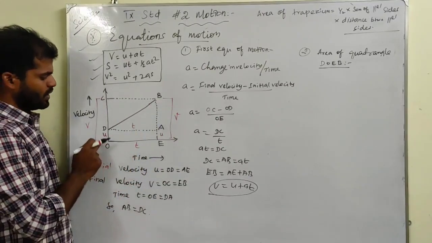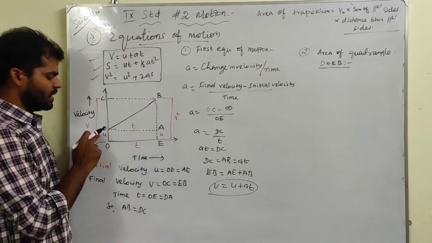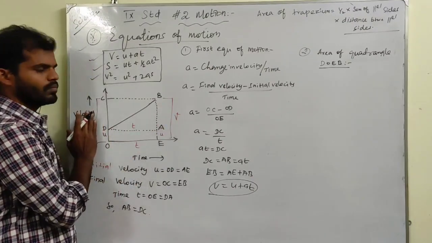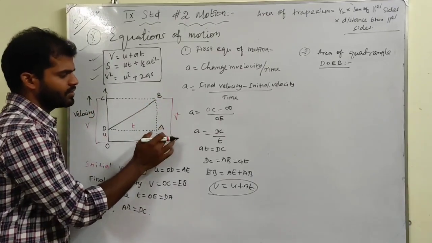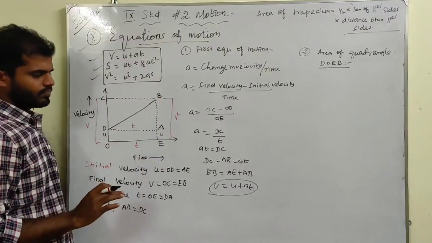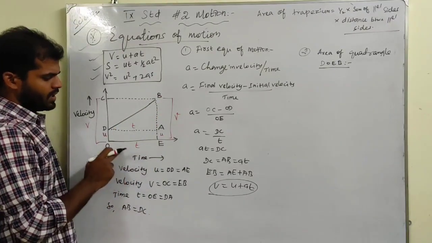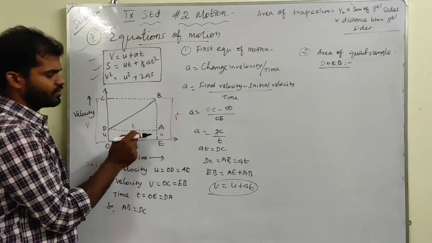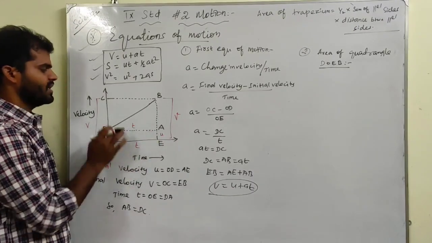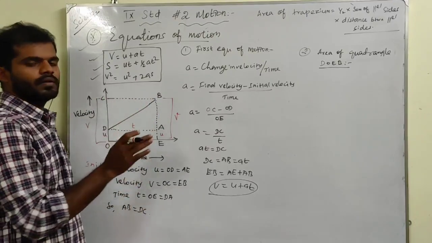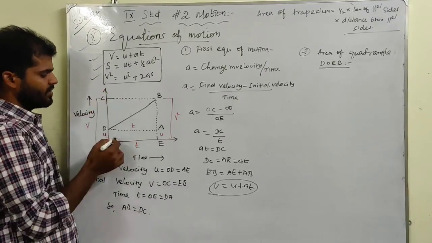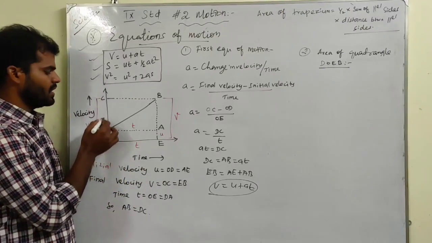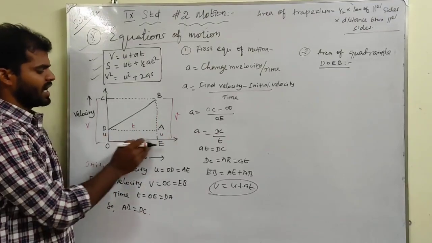So OD is the initial velocity U and OC is the final velocity V. In the same way on the other side, because the parallel sides are equal, EA is U and EB is V. Now the x-axis is taken as time, so OE is taken as T. In the same way DA is the same parallel line, so it is T, and CB is also T. This is what we have to mark in the diagram: the points A, B, C, D, E, the starting point OD as initial velocity, OC as final velocity, and the time T.